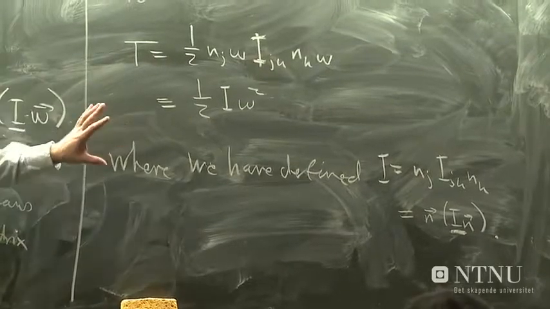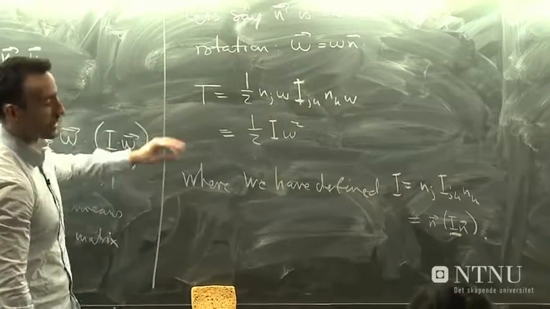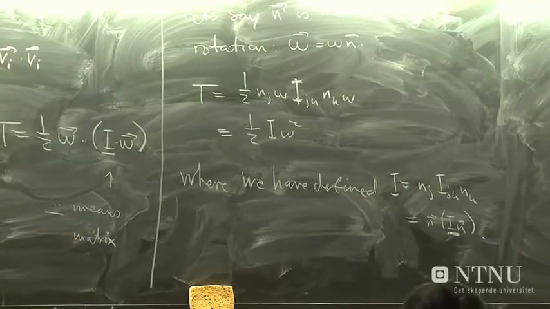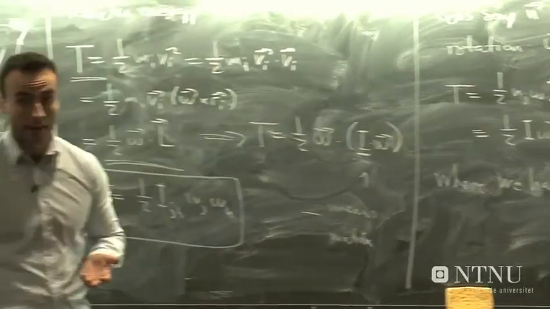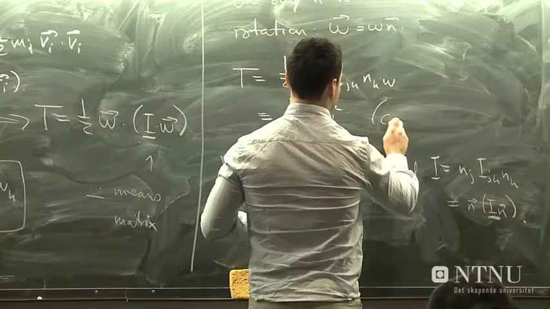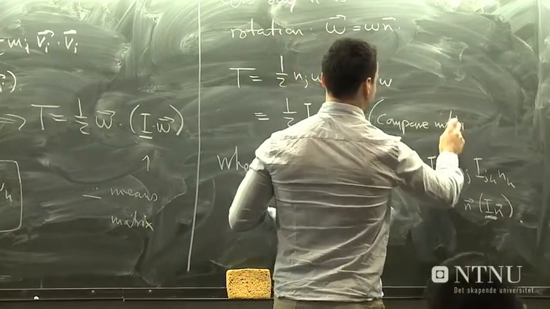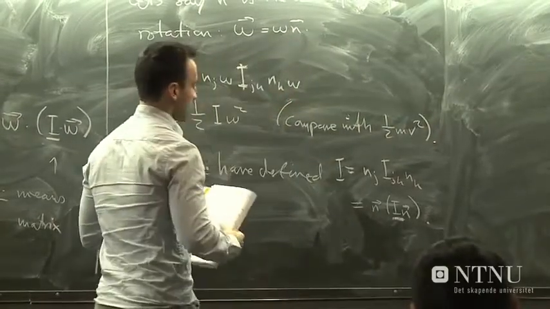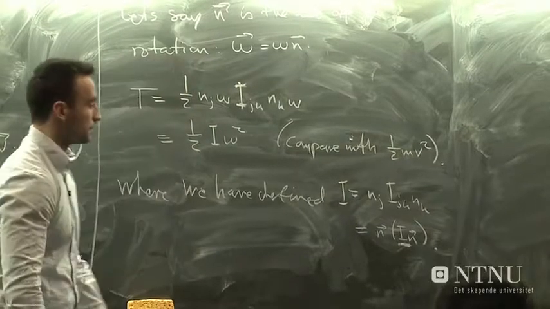You see then by defining I in this way, we obtain the kinetic energy in a quite familiar form: 1/2 of a quantity multiplied with the square of another quantity, which is remarkably similar to this well-known expression.